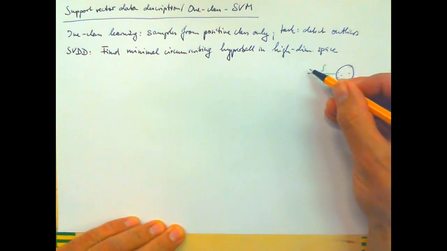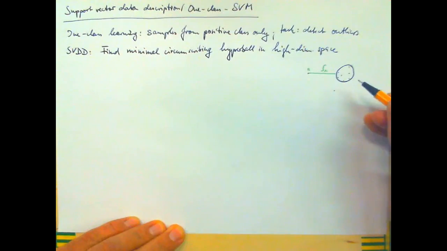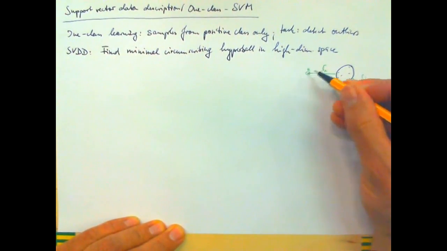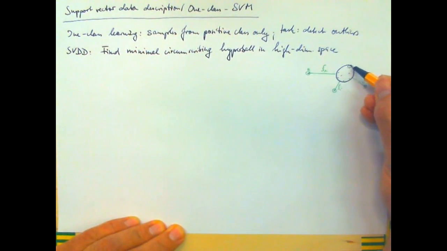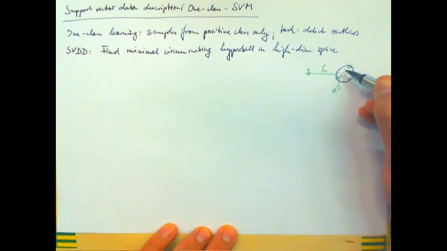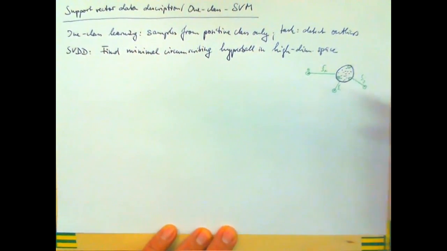So if this is observation number 12, this would be slack variable number 12, and so on. So these are support vectors here, and then we typically have some support vectors that lie exactly on the boundary of the hyperball. And again, the hope is that you have a much larger number of points which are not support vectors, thus giving you a sparse representation.